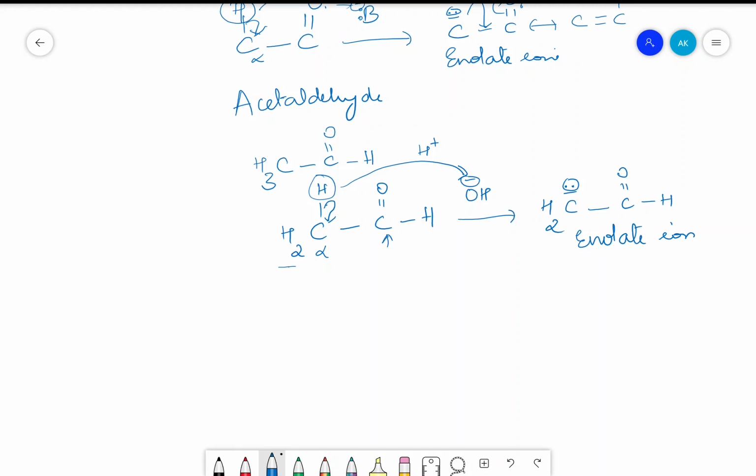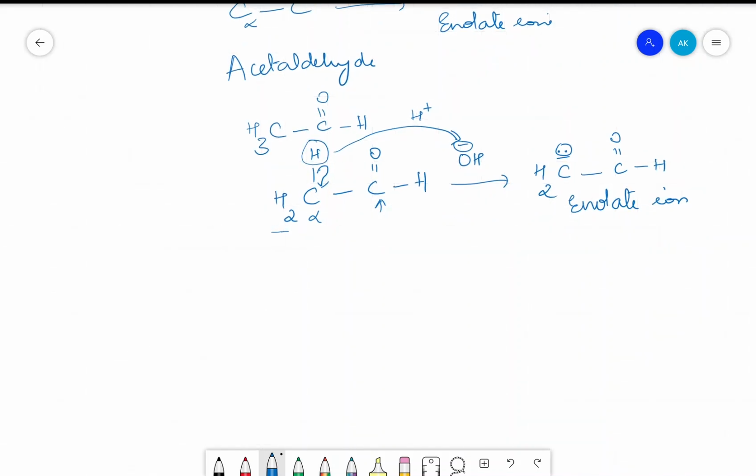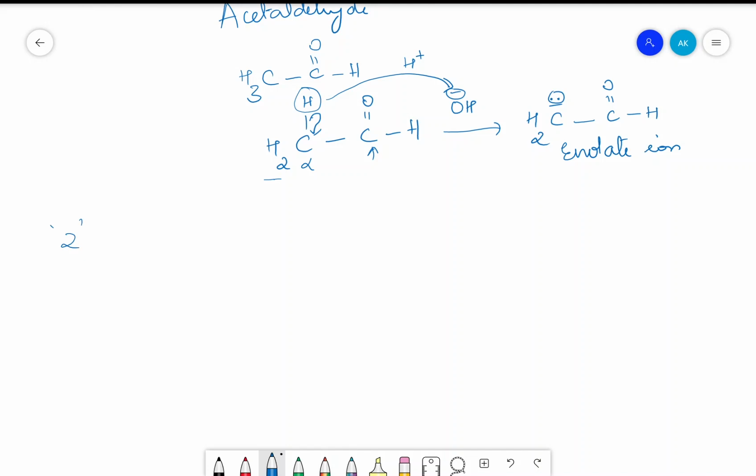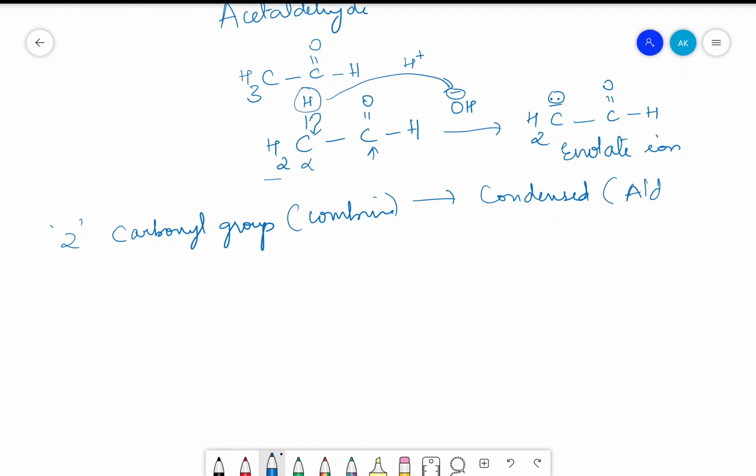The condition required for aldol condensation: condensation requires two carbonyl groups. That means two carbonyl groups will combine to form a condensed product. That product is called an aldol because it contains aldehyde and alcohol groups.